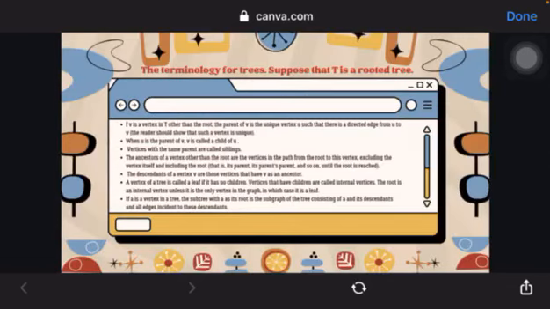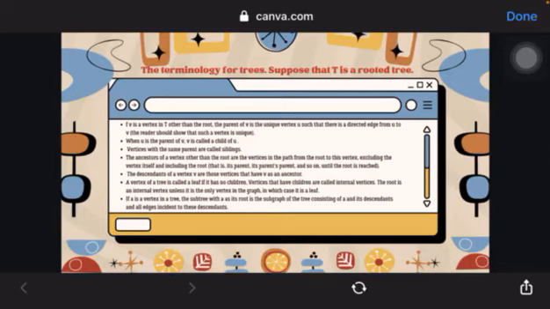So, the terminology for trees. Suppose that T is a rooted tree. Let v be a vertex in T other than the root. The parent of v is the unique vertex u such that there is a directed edge from u to v. When u is the parent of v, v is called a child of u.